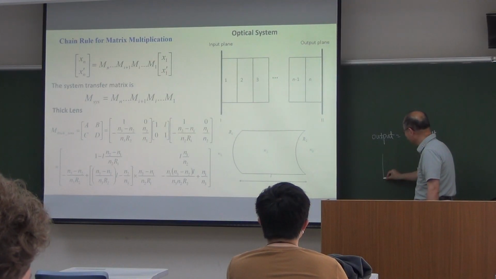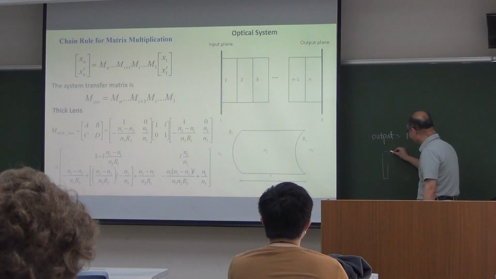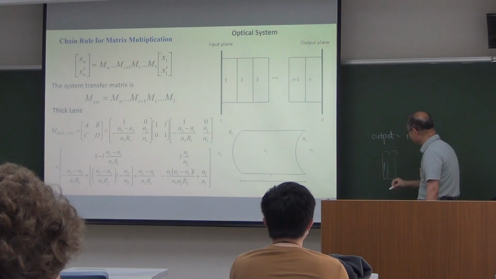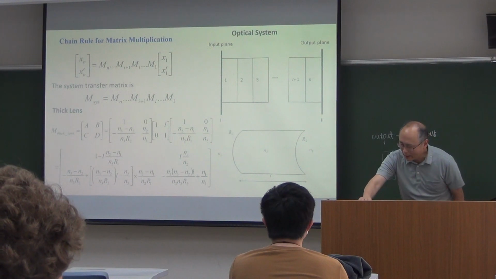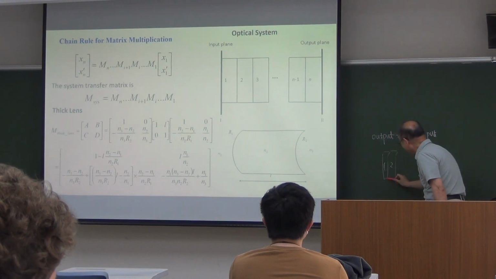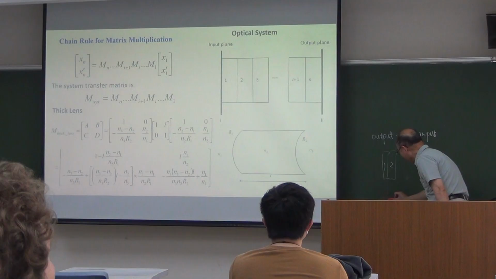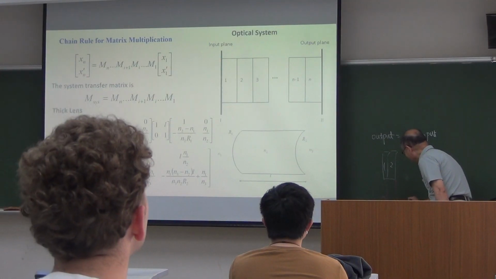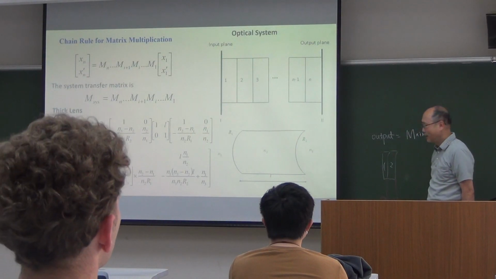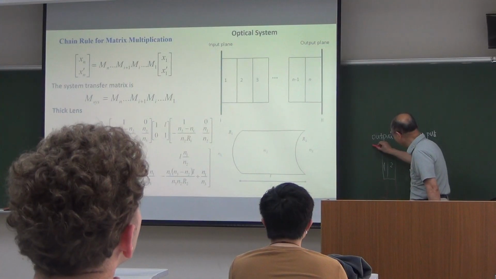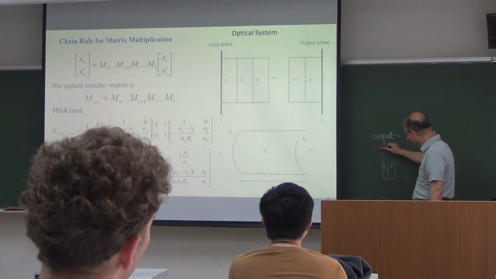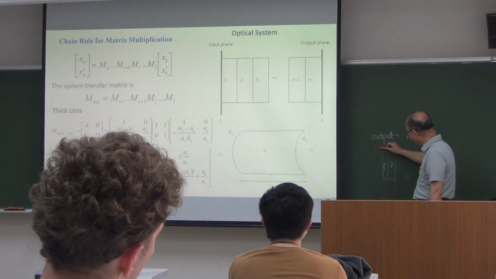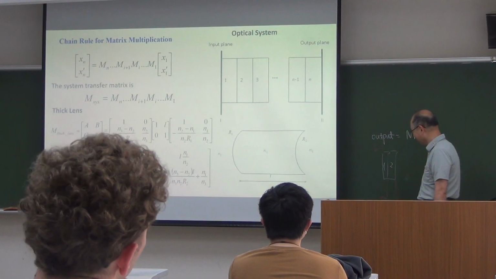So if I have the first element here, second element here, and then I have output 1, I have output 2, and then this is input 1.